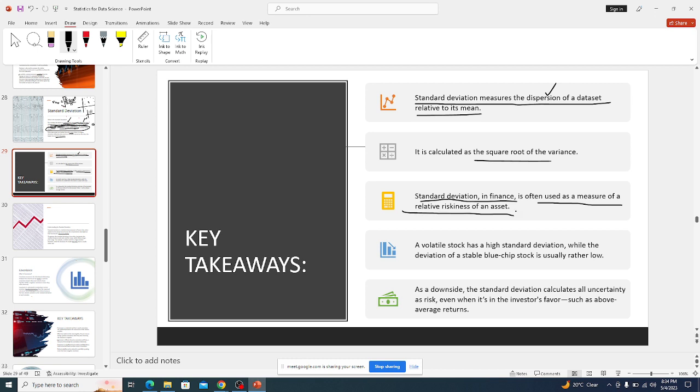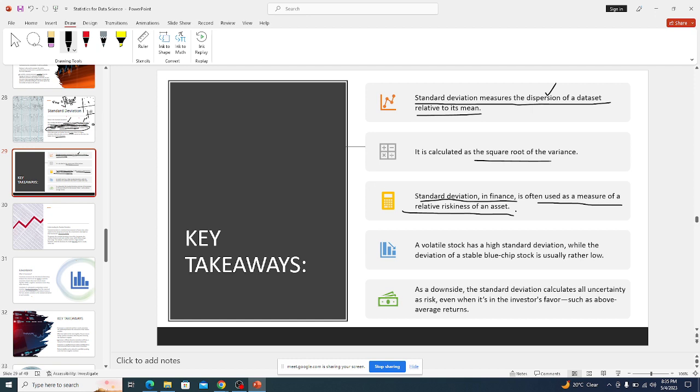It will give you the risk of investing in a certain asset. Why? Because assets or asset portfolios which have a high standard deviation are most of the time considered the riskiest portfolio.